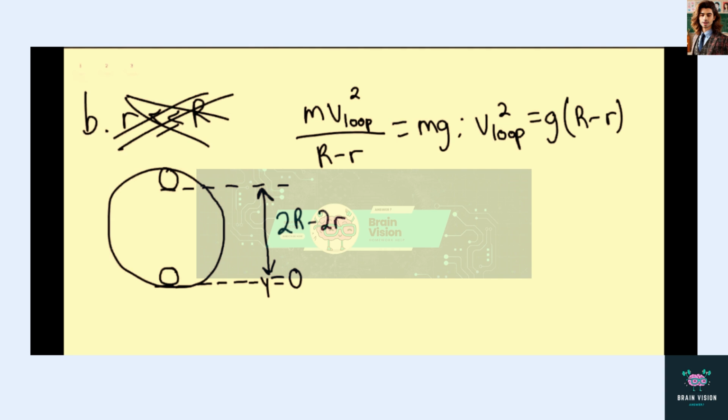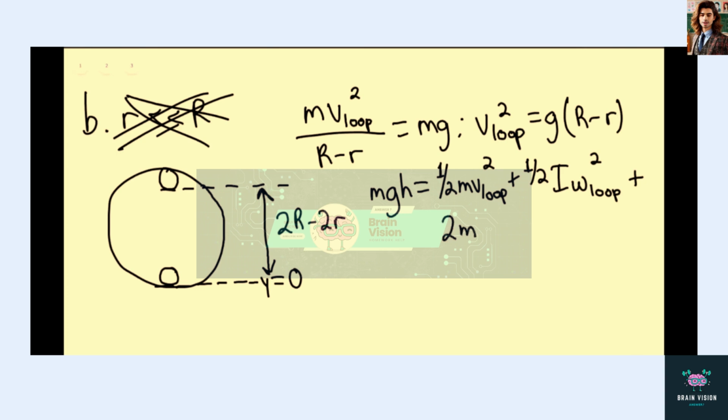So again, we can say mgh equals 1/2 m v loop squared plus 1/2 I omega loop squared plus 2mg(R minus r).